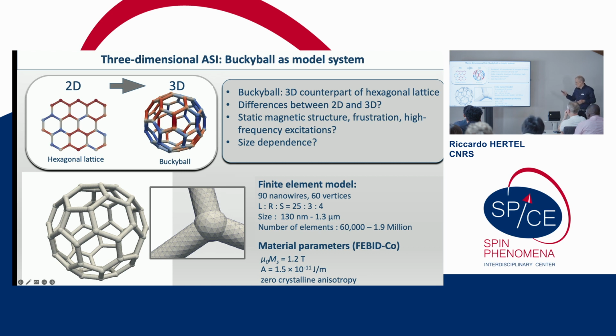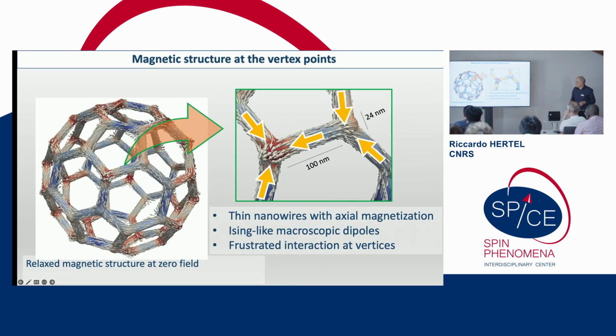And we use permalloy material parameters to study this, and then we relax the structure at zero field. And what we get are then vertex configurations that can have different types of charges. Like here you see in the branches, the magnetization can point towards one point from all three adjacent branches, or you can have some other configurations.